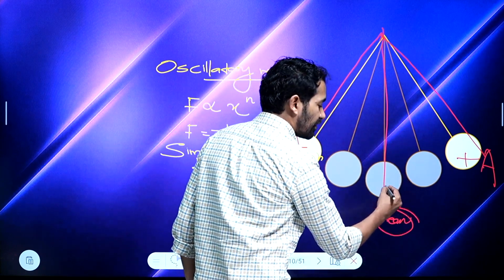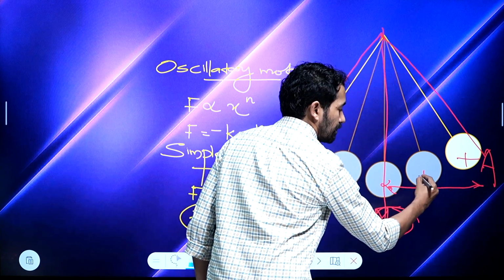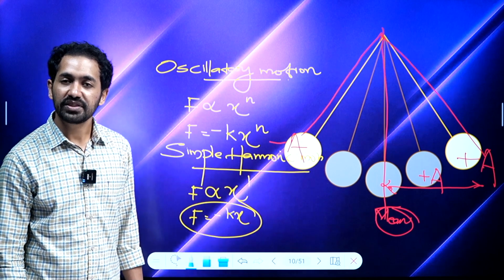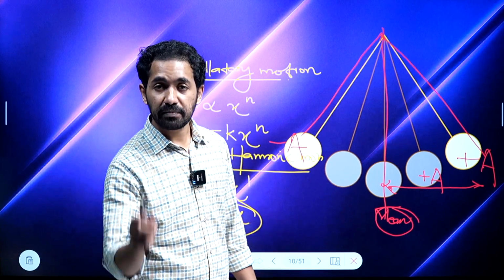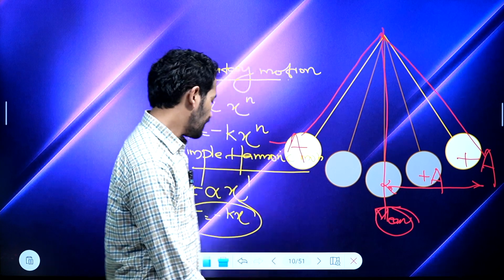The distance from mean position to positive extreme is called amplitude, which is plus a. The distance between mean position and positive extreme is amplitude, right?